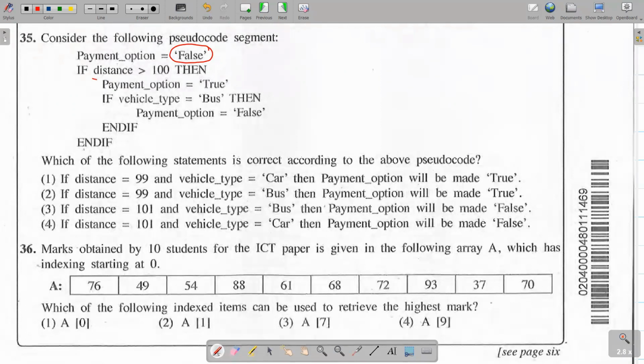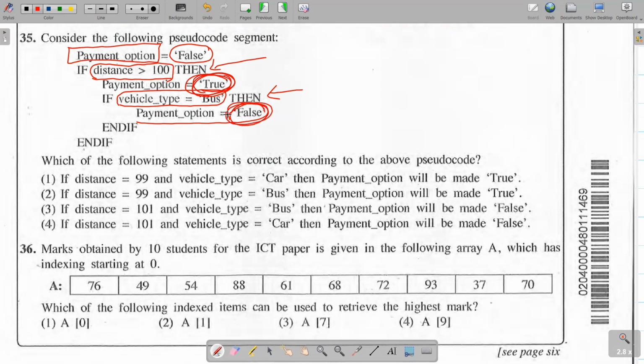And it says if distance larger than 100, then payment option becomes true. So for that, distance should be larger than 100. And then it says if vehicle type is bus, then payment option again becomes false. So in case both the conditions are true, the variable payment option is first going to become true, then it's going to become false again.